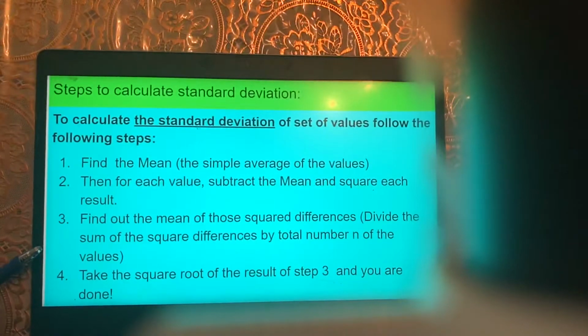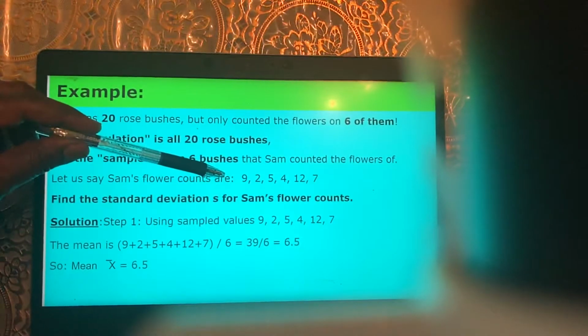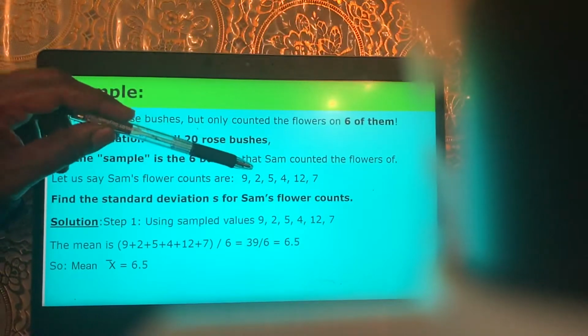Let's take a short and simple example here. Sam has 20 rose bushes but only counted the flowers of 6 of them. The population is all 20 rose bushes and the sample is the 6 bushes that Sam counted the flowers of. So let us say Sam's flower counts are 9 from the first bush, 2, 5, 4, and so on.